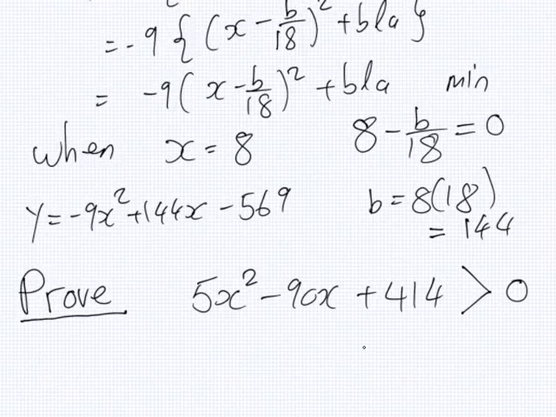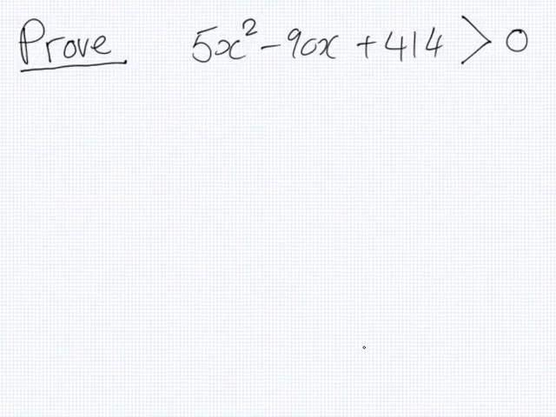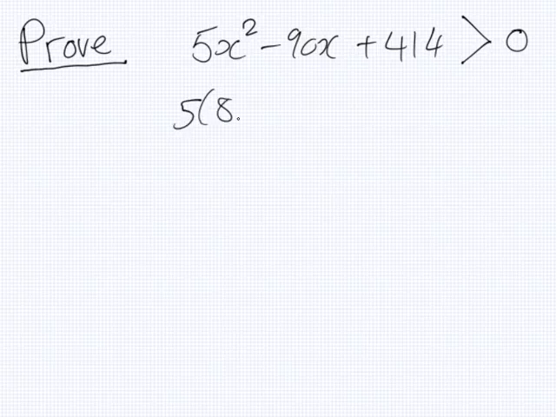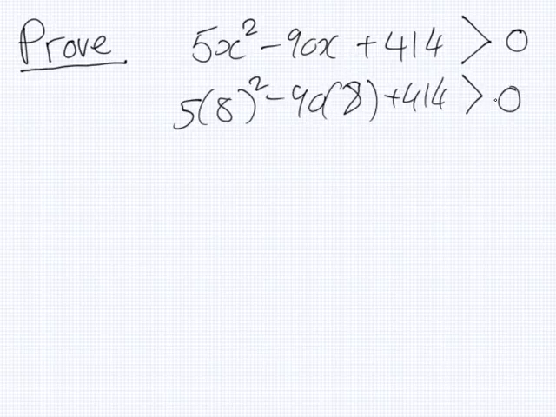So, for example, Rogers, give me any number. Pick any number. What's your favorite number? 4, 6, 8. What's lucky in Chinese? 8. So 5 times 8 squared minus 90 times 8 plus 414 that is bigger than 0.